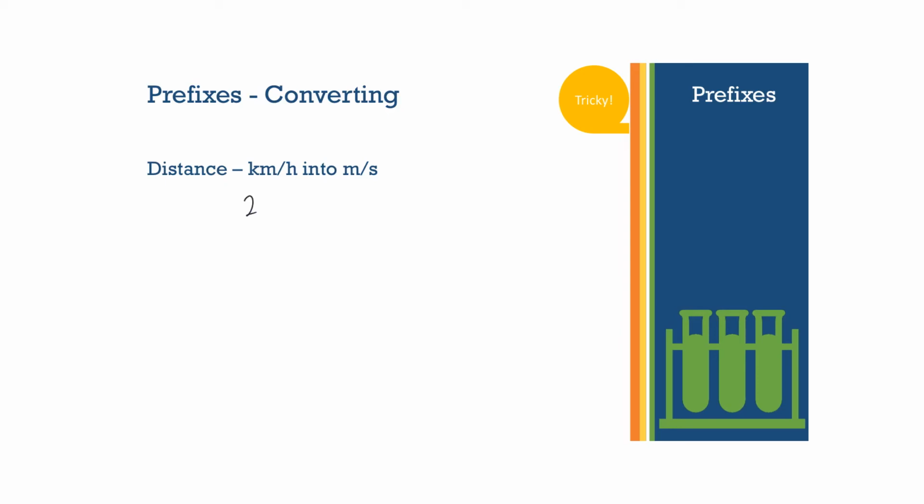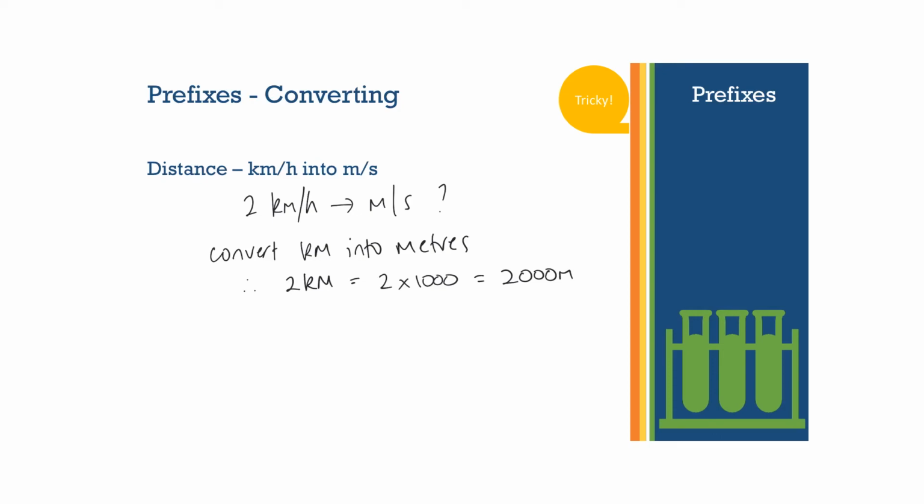Let's assume the question is asking us to turn 2 kilometres per hour into metres per second. So the first step would be to change kilometres into metres. So we know that 2 kilometres equals 2,000 metres. So what we've now got is 2,000 metres travelled per hour, rather than saying 2 kilometres per hour.